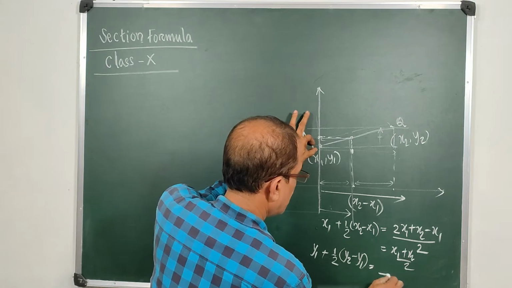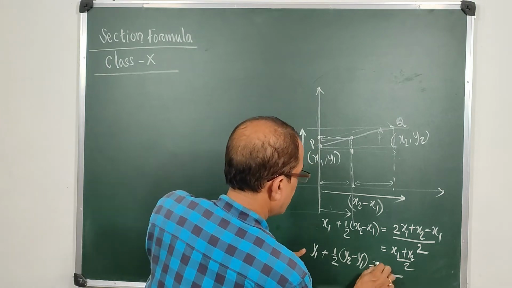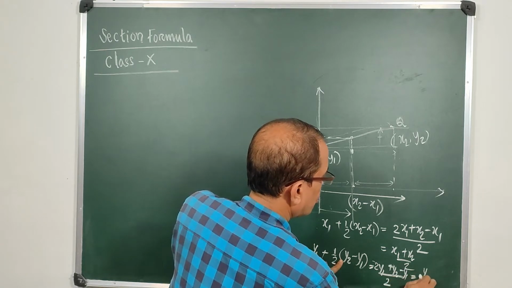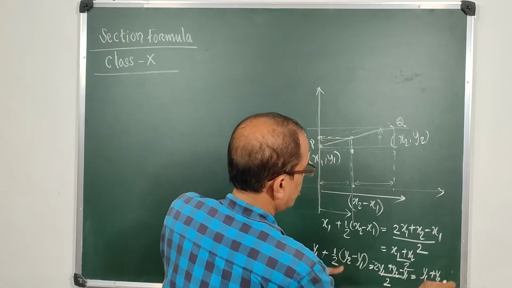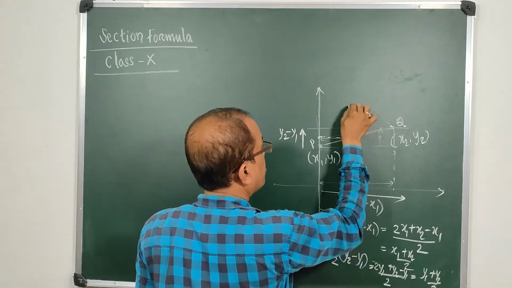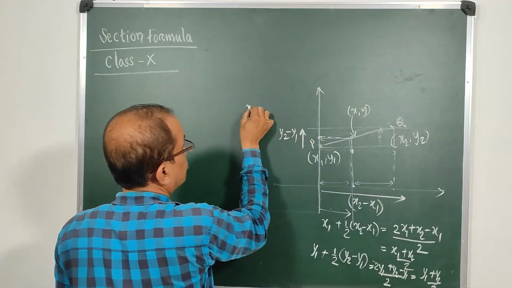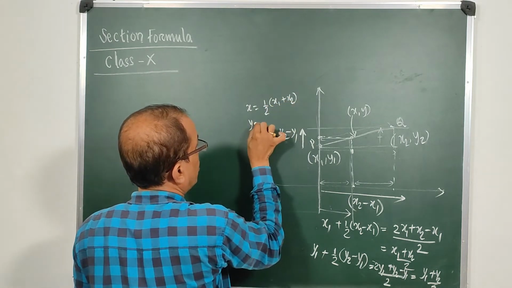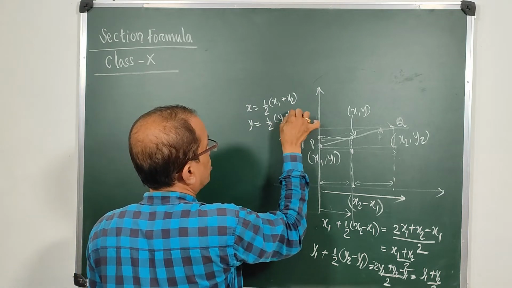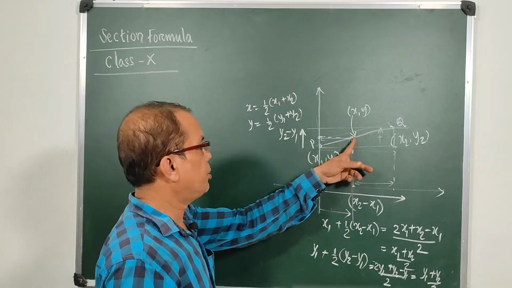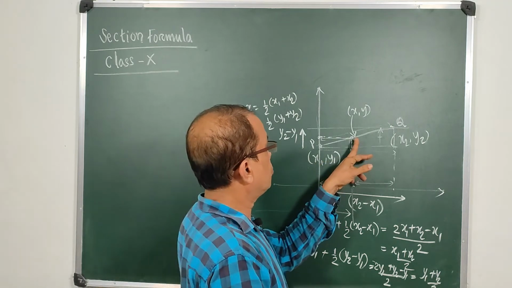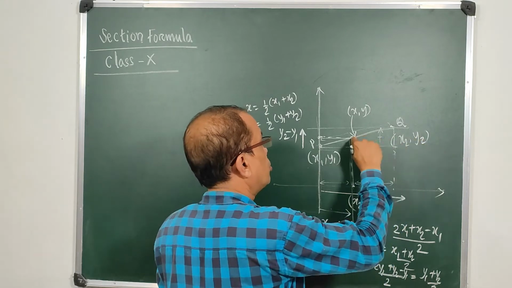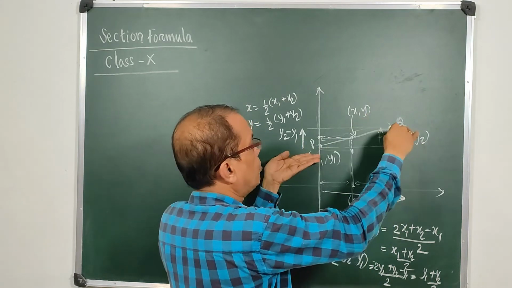So this much will be, taking LCM, 2y1 plus y2 minus y1 over 2. This is also equal to (y1 plus y2) by 2. So the midpoint here, if it is (x, y), the value of x would be half of x1 plus x2, and the value of y is half of y1 plus y2. So clearly the midpoint is at a point whose x value is half the sum of two x values and whose y value is also half the sum of the two y values.